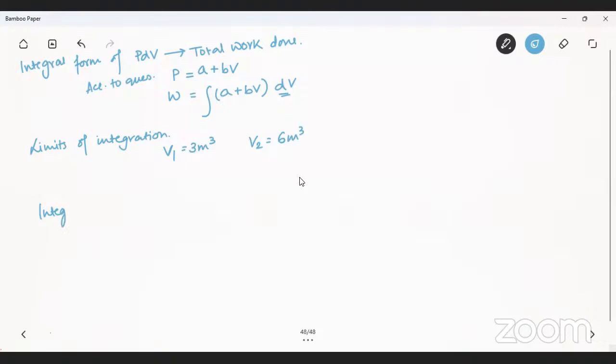I have done it verbally, but don't do this verbally. You should write that the integral value is being calculated using the power rule of integration. And then we have substituted the limits.